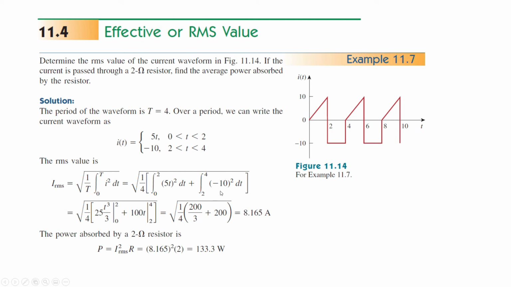So in this time the value of current is minus 10. So when we integrate the square of current for these intervals, we end up with this value, and then we also divide it by 4. Okay, so once we obtain this IRMS, we can then use this formula to find the average power dissipated by a 2 ohm resistor.